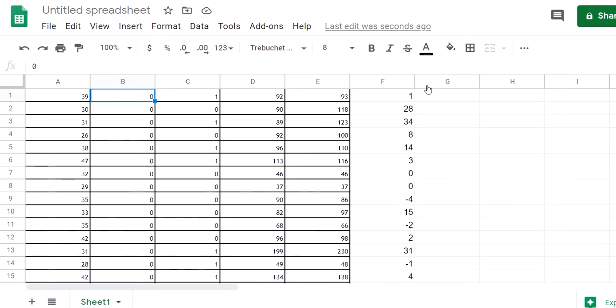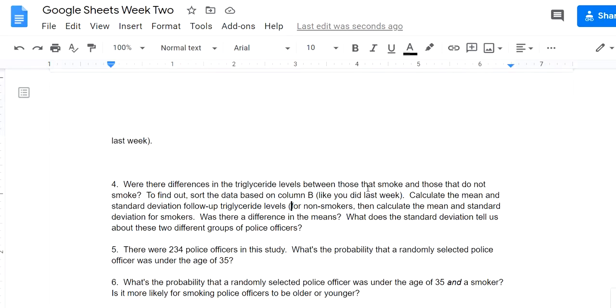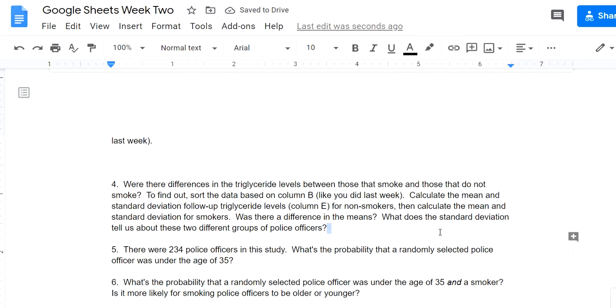This is column E, sorry, is follow up. Calculate the mean standard deviation follow-up triglyceride levels for non-smokers, and calculate the mean standard deviation for smokers, and see if there's a difference. And then interpret what the standard deviation tells us about those two.